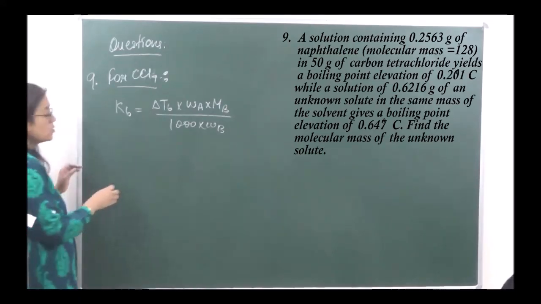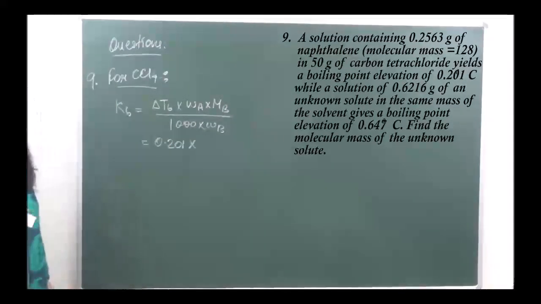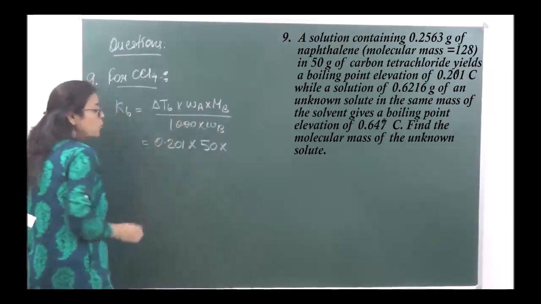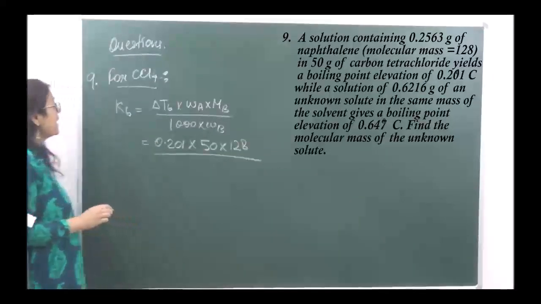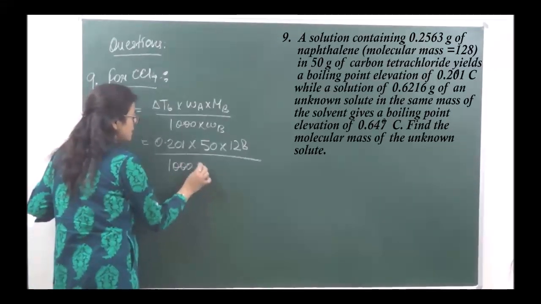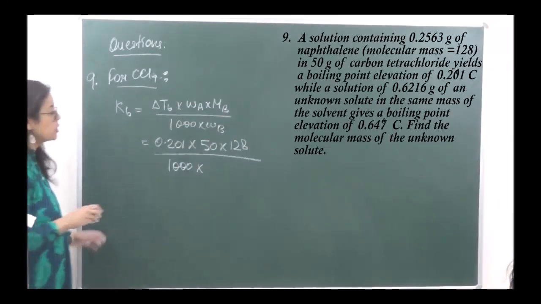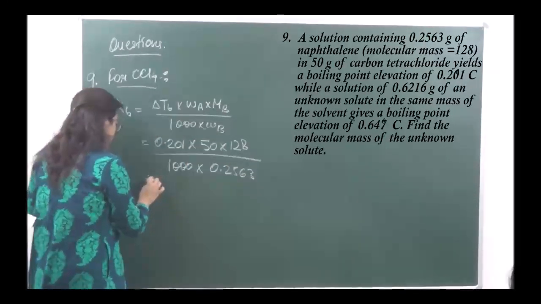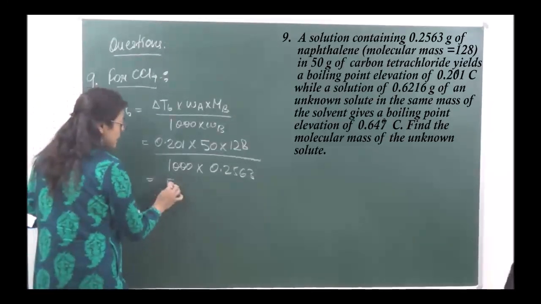Delta Tb is given as 0.201 into Wa, which is given as 50, into molar mass given to us for naphthalene, 128, upon 1000 into Wb. Wb given to us is 0.2563. When we calculate Kb from here, Kb is coming to 5.019.